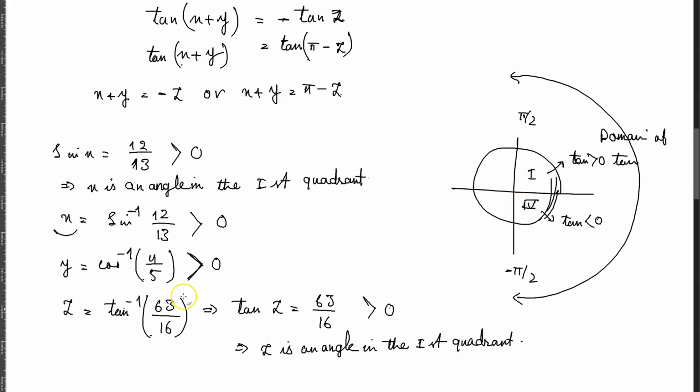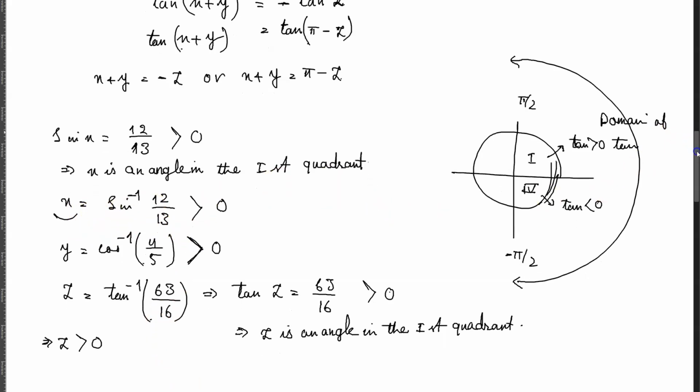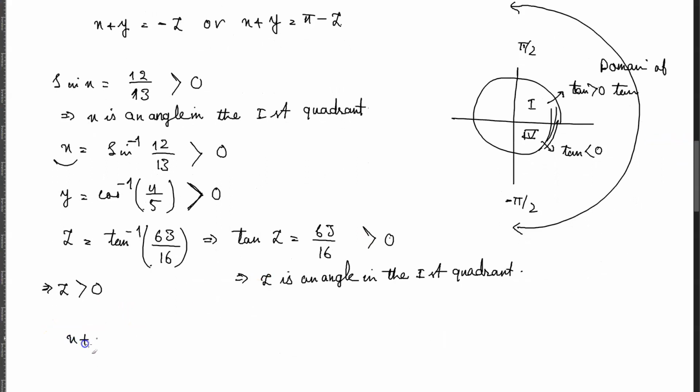Now, if z is an angle in the first quadrant, then of course the value of z is positive. So that implies that z is greater than 0. Now here what we are saying is that x plus y is equal to negative z, and x is a positive value, y is a positive value, so it has to result in a positive value, and z is a positive value as well.